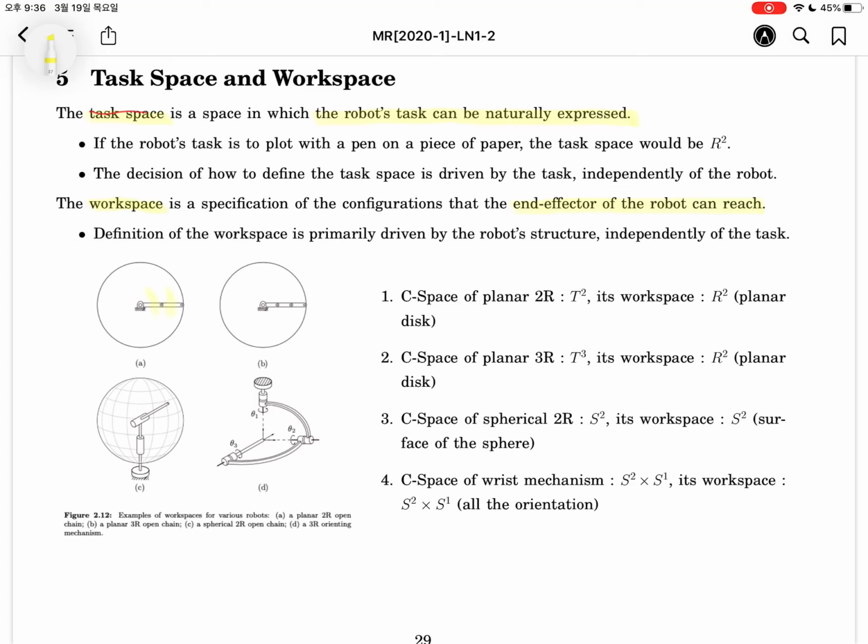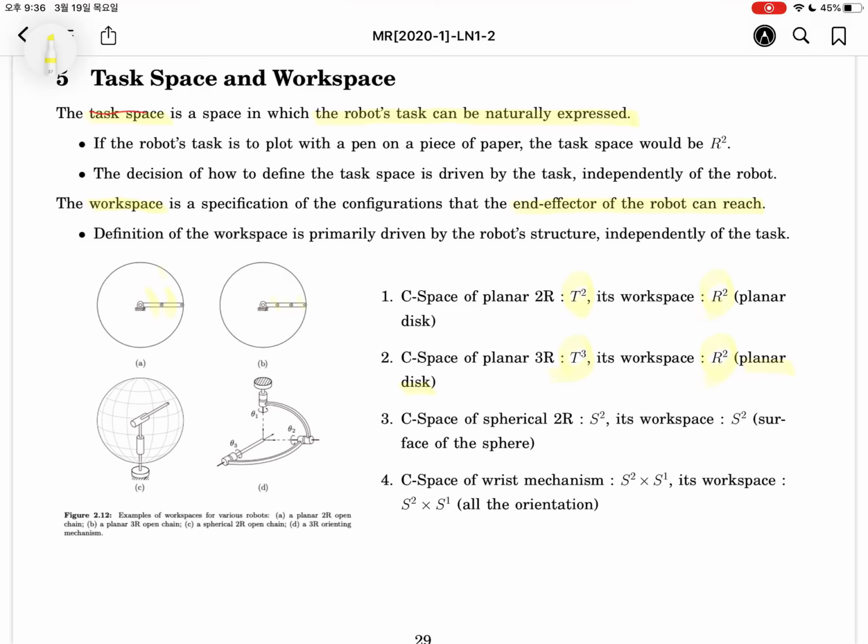Okay, in the case of the 2R robot, with R1 and R2 here, the C space will be T2, not S2, but the workspace will be R2 as a planar disk. In the case of the 3R serial robot system, the C space of the planar 3R will be T3, but its workspace is R2, the planar disk.